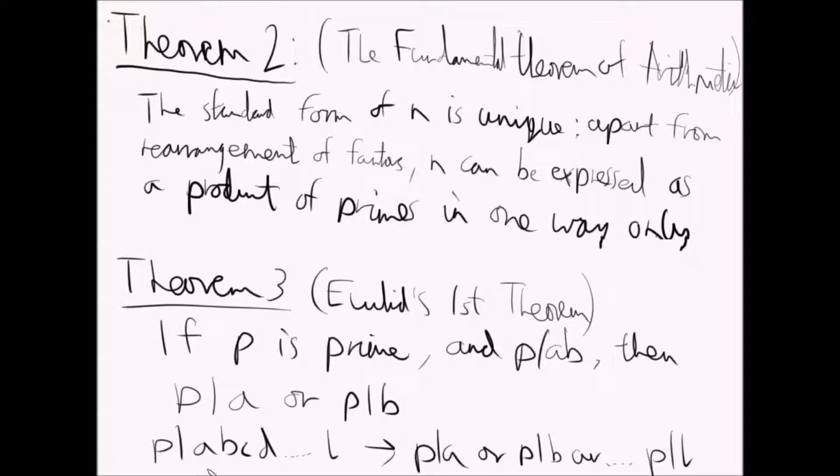If the product is a product of more factors, a up to L, say, and p divides this big product, then p must divide either a or b or c or so on up to L. It must divide at least one of those numbers, and that's an obvious corollary of theorem 3, which we can use to get closer to theorem 2.